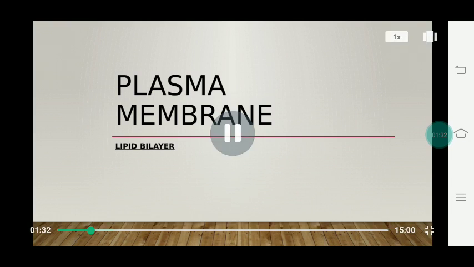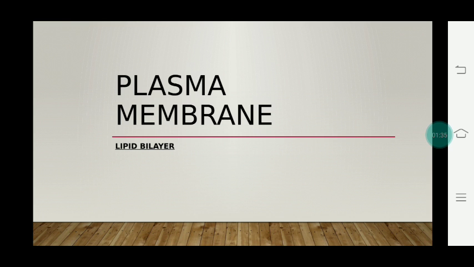Which kind of components are present in a lipid bilayer, how they attach and form the bilayer of lipids, how the proteins are integrated in the lipid bilayer, and what is the function of the lipid bilayer in the plasma membrane. So let's move to the lipid bilayer structure, how it looks and how it's made.